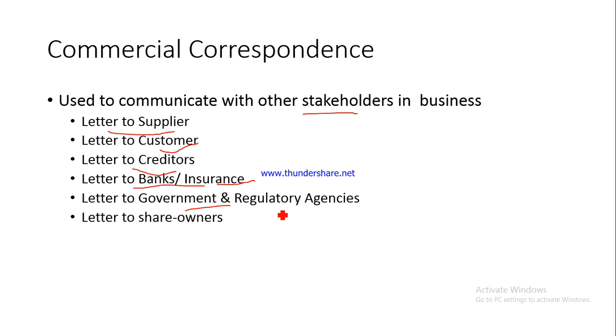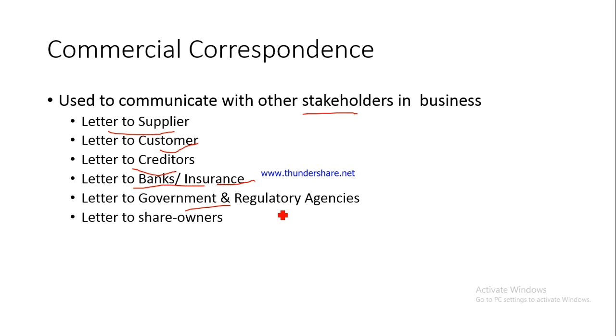Now what do we mean by regulatory agency? For example, if you are a bank, there is a sectoral regulator in banking, and that particular sectoral regulator who regulates all the banks operating in the country is known as RBI, Reserve Bank of India. So that is the sectoral regulator for the banking industry, right? If, for example, you are running a telecom services business, for example, companies like Airtel or Vodafone Idea, the regulator is TRAI, Telecom Regulatory Authority of India.